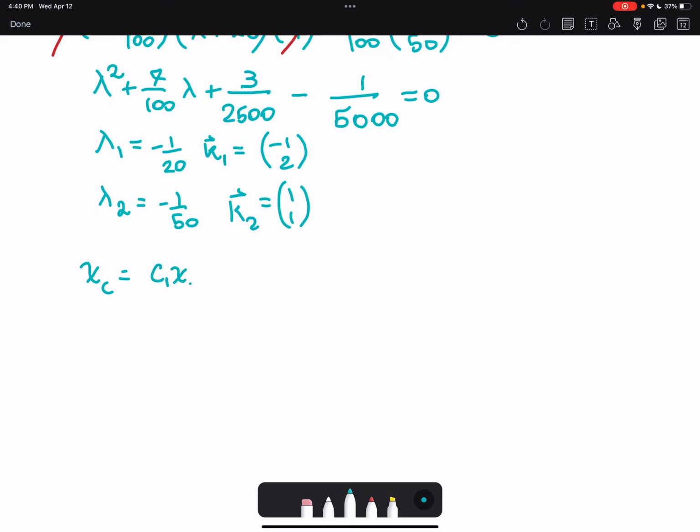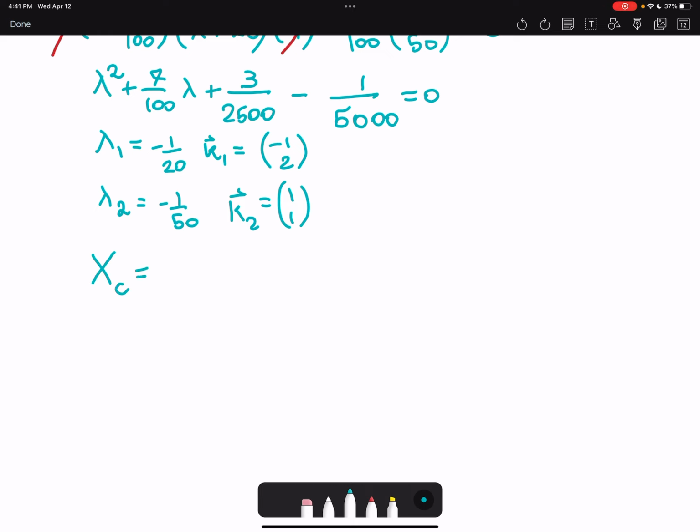Well, now that you have this, you can easily write the complementary solution by remembering that it is equal to the linear combination of the two solutions. And I should probably not use x, or if I do, use capital X, because we just used x for the other functions.